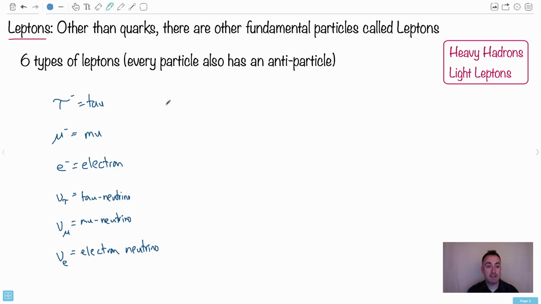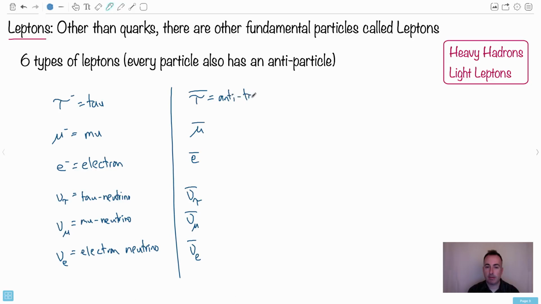Now, of course, we have the 6 antiparticles as well. So we have the anti-tau, the anti-mu, the anti-electron. We have the anti-tau neutrino. I'm going to put the anti-symbols on top of them in a second here. So we have this on top, this on top, this on top, this on top, this on top. Those are the antiparticles. Remember, this is the anti-tau and so on. So I hope you understand this.